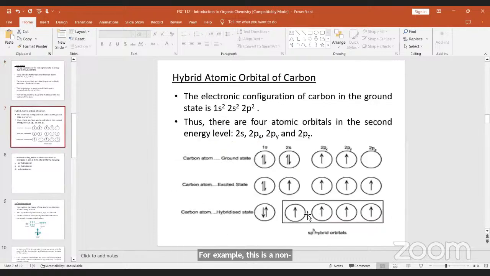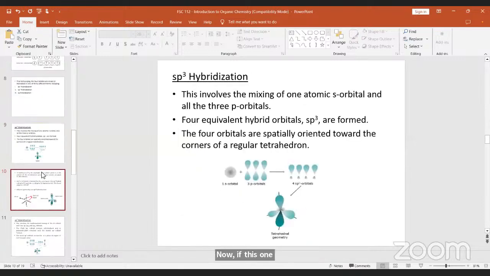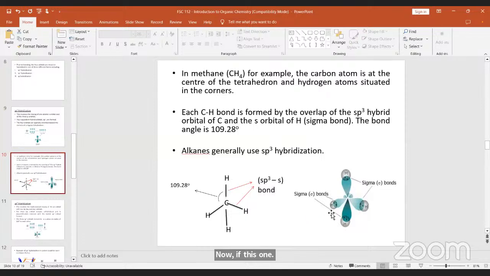All these are unpaired electrons. This is a paired electron. Now, if this one goes ahead to form a union with another atom, it becomes a bonding pair. So a bonding pair is 2 electrons that have constituted a bond.